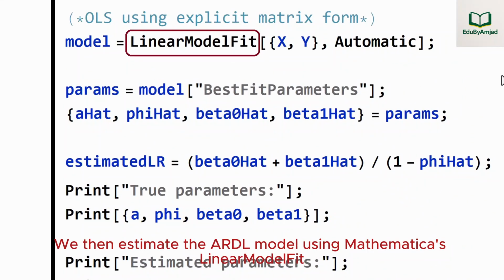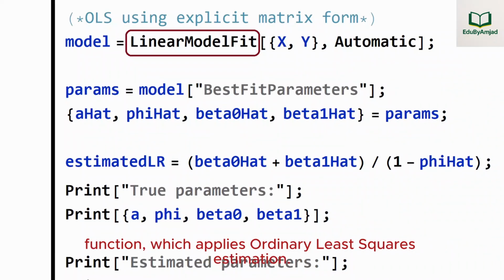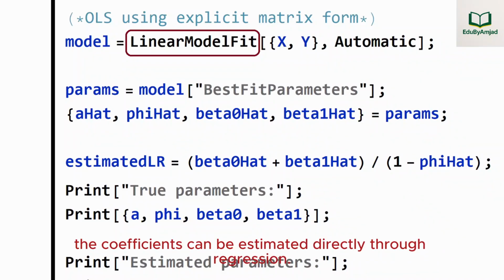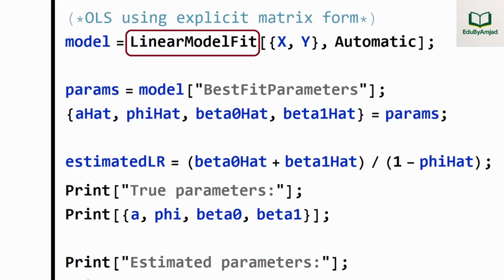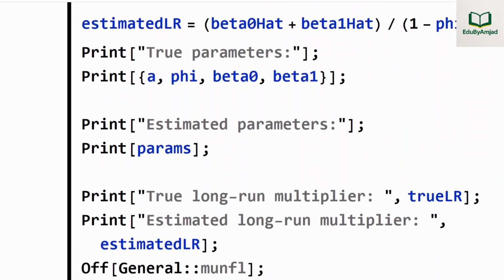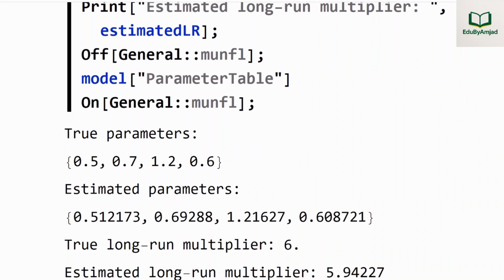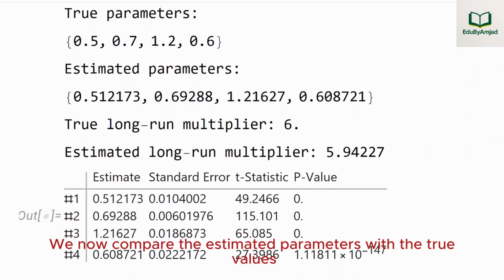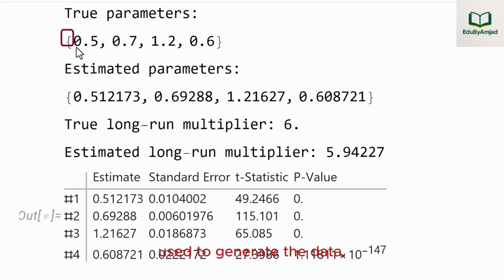We then estimate the ARDL model using Mathematica's LinearModelFit function, which applies ordinary least squares estimation. Because all explanatory variables are observable, the coefficients can be estimated directly through regression. We now compare the estimated parameters with the true values used to generate the data.